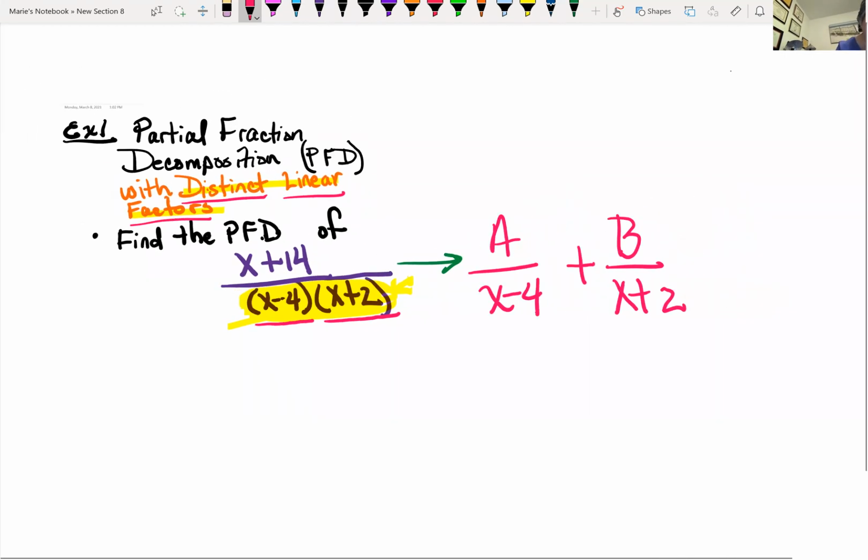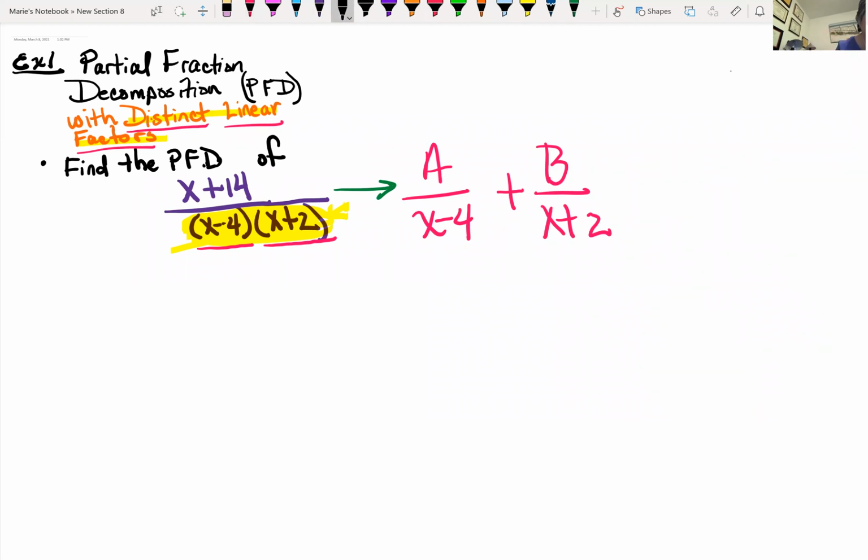What happens here is that we are now going to look at all of this as a question. Okay, and remember that now we're setting this equal to that.